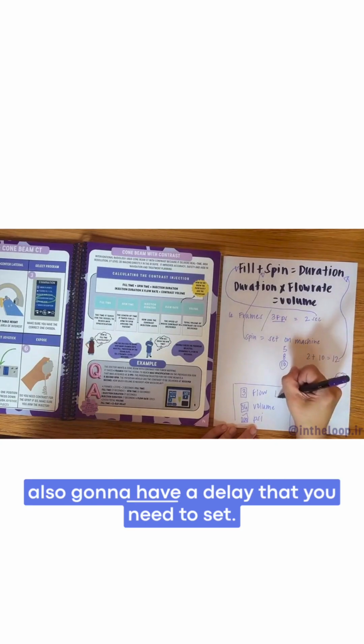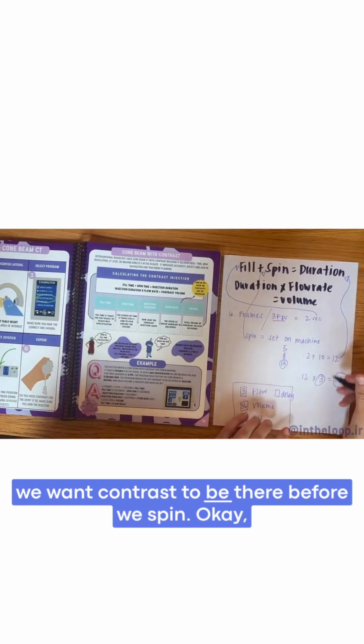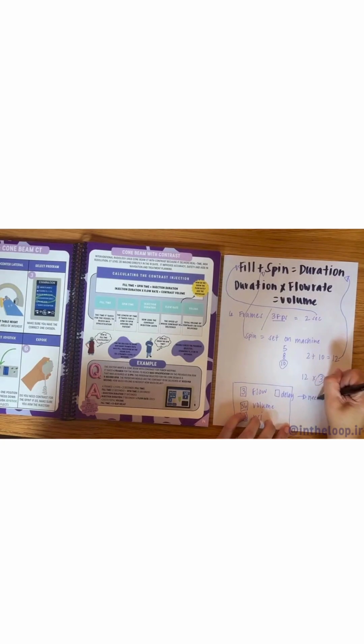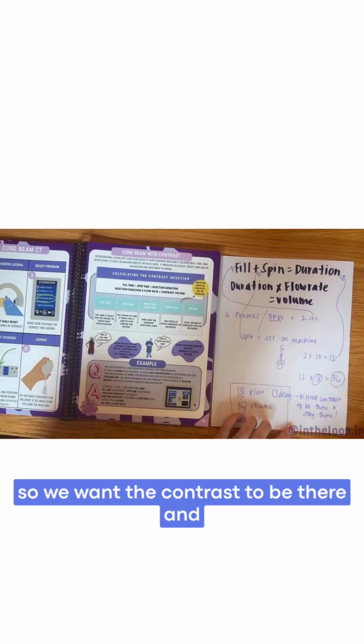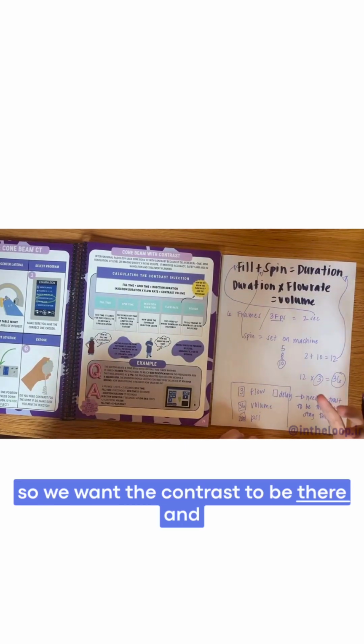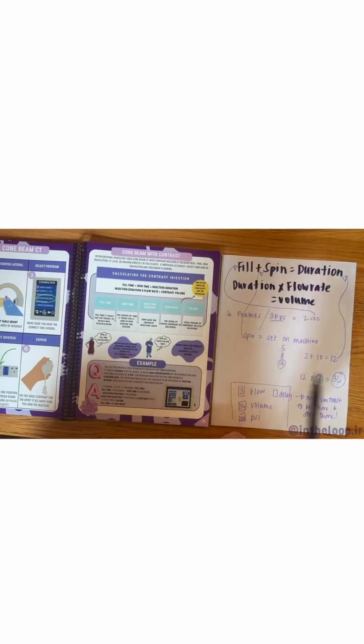And then you're also going to have a delay that you need to set. When we're doing a spin, we want contrast to be there before we spin. We want the contrast to be there and stay there during the whole spin acquisition.